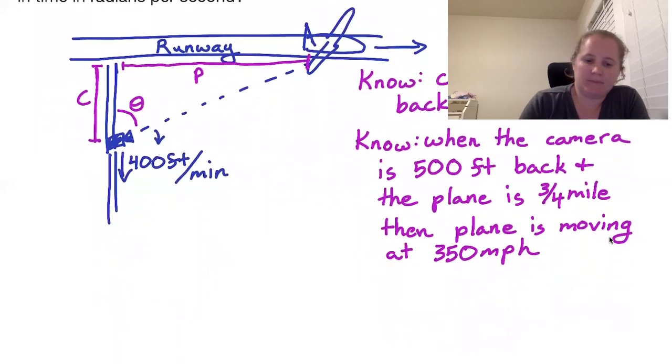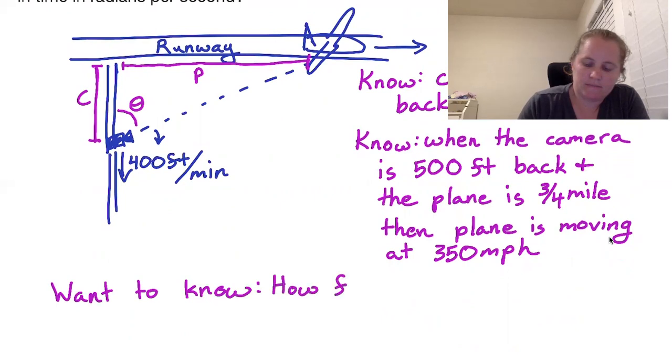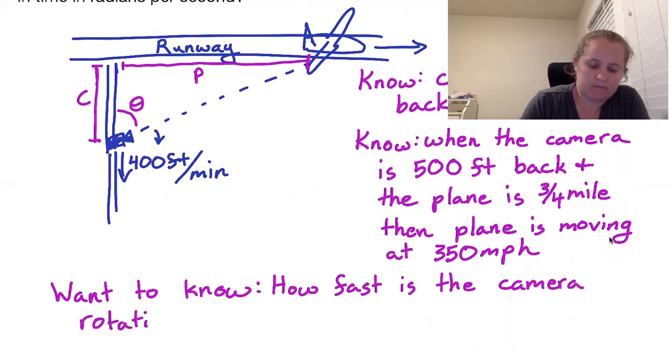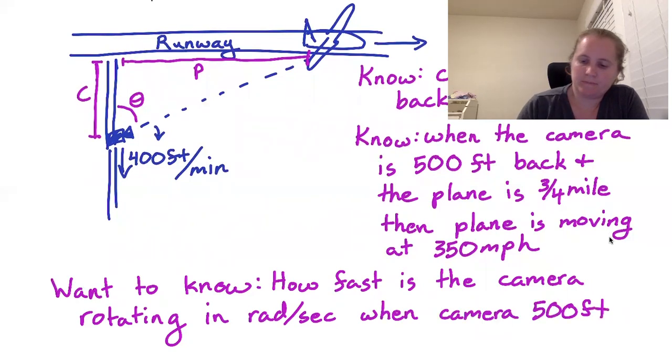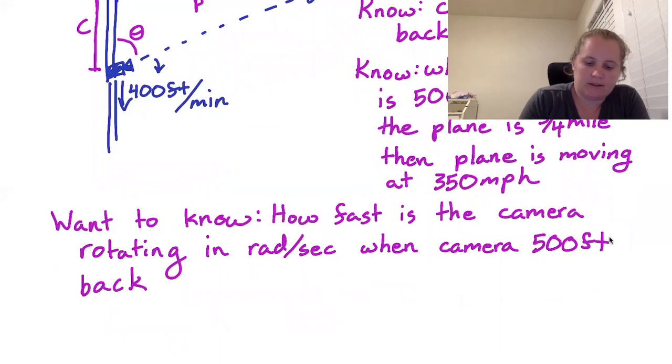And then what we want to know is how fast is the camera rotating, in radians per second, when we have the camera 500 feet back and the plane 3/4 of a mile down the runway.